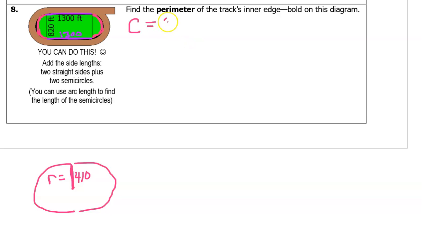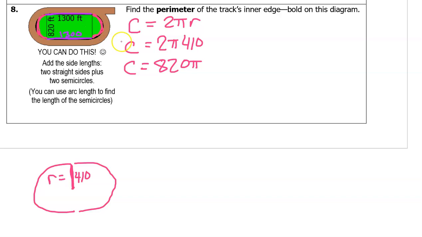And we know that circumference is 2 pi times the radius. So we know that the radius is 410. So the circumference will be 2 pi times 410. Oh, that's weird. We're multiplying by 2. So that means we're going to get the 820 right back again. So we have 820 pi. That is the circumference.